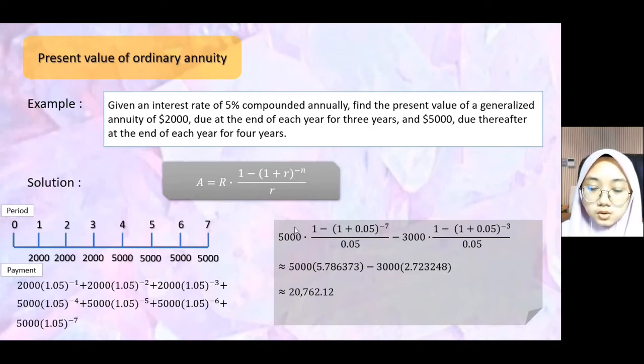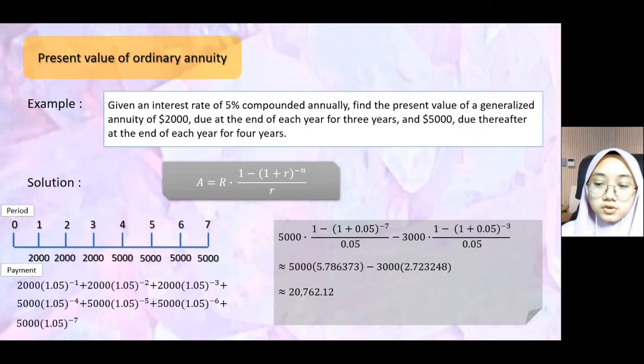So we substitute in the formula, considering the $5,000 as an annuity that occurs for 7 years, so n in the formula will be 7, and then we subtract $3,000 that occurs for every 3 years, so that we can include the calculation of the $2,000 that occurs in each of the first 3 years.